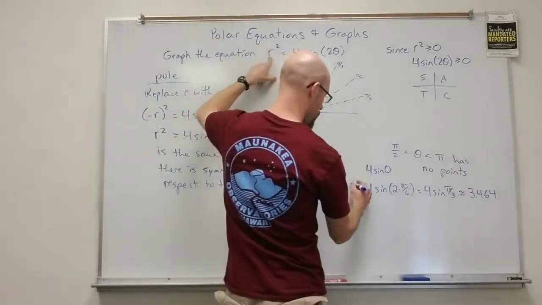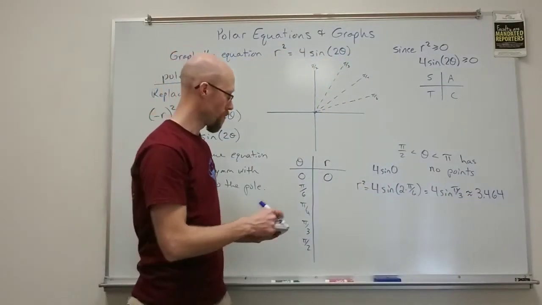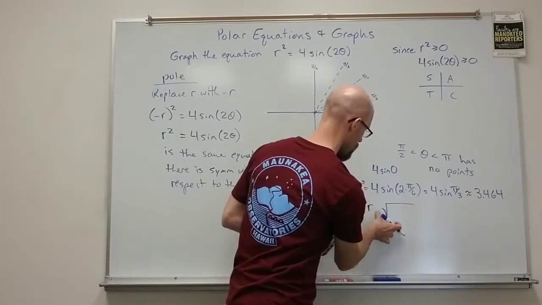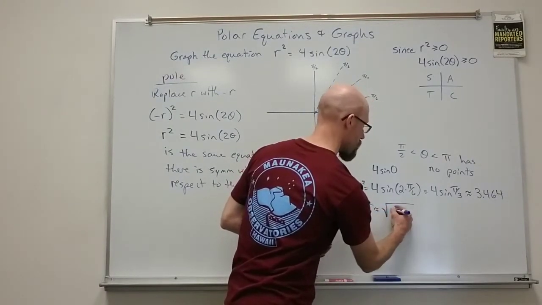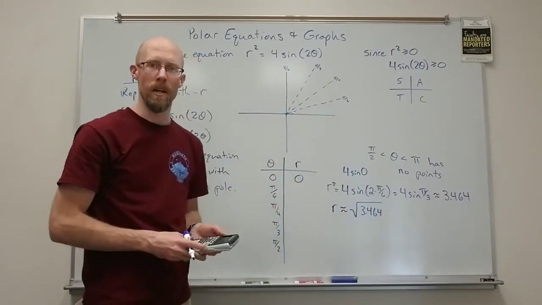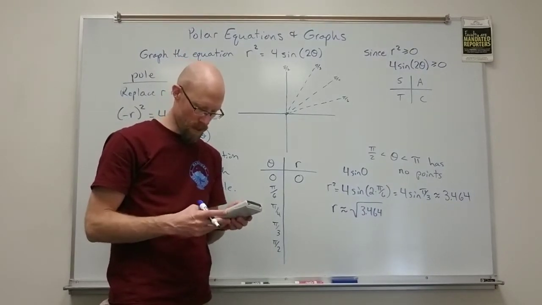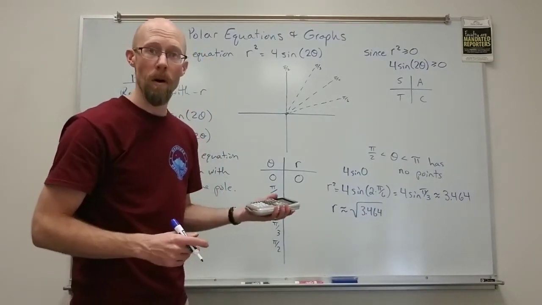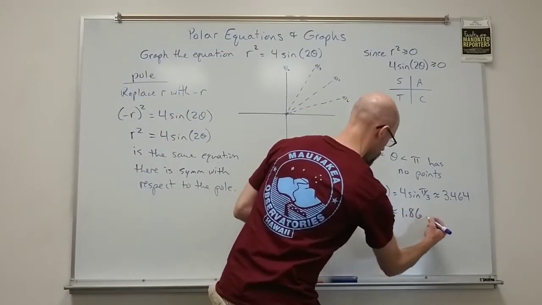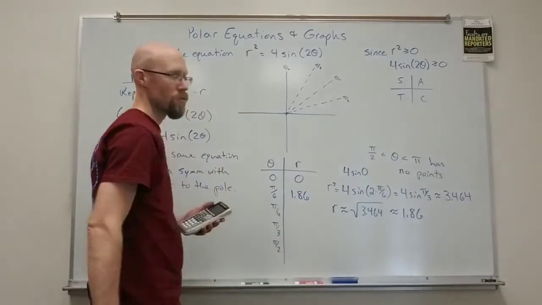So r squared is approximately 3.464, which means that r is approximately the square root of 3.464. So if I pop that into my calculator here, take the square root of that previous answer, that gives me about 1.86. Okay, so 1.86 is actually the radius there.